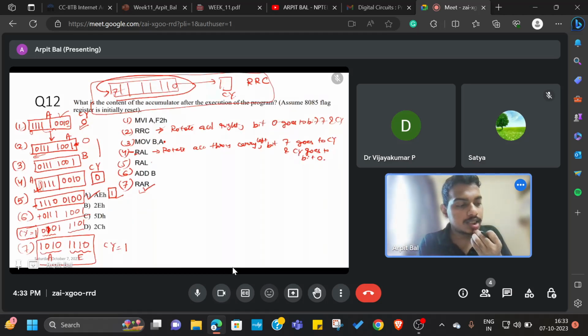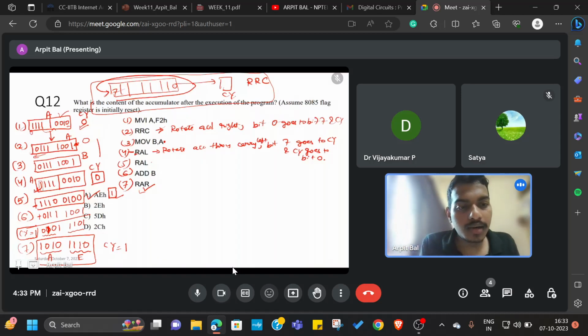The 12th question was again related to figuring out the accumulator content after the execution of all these instructions. RAL and RAR are rotations along with the carry, so it is called rotate accumulator through carry.